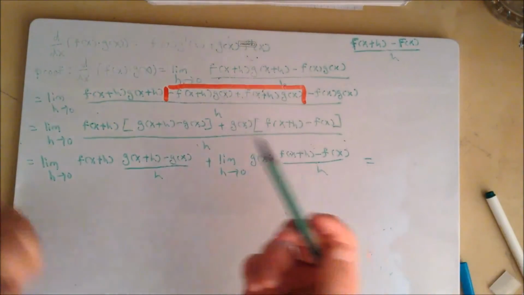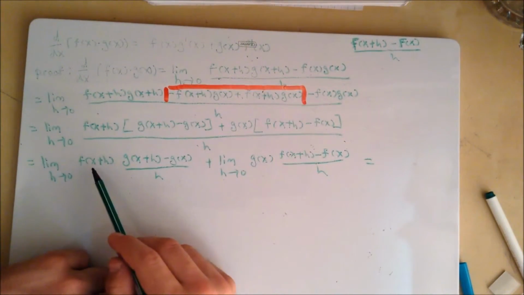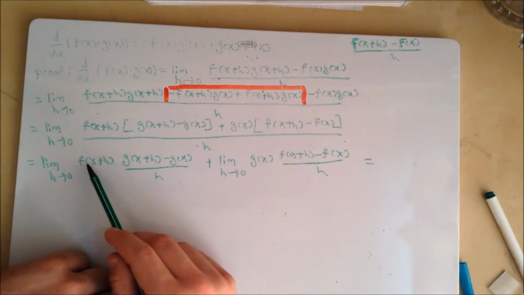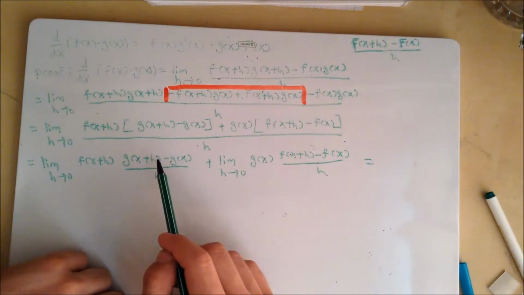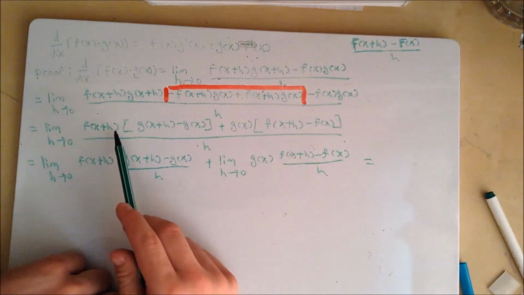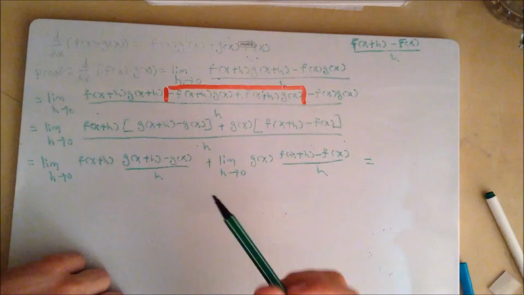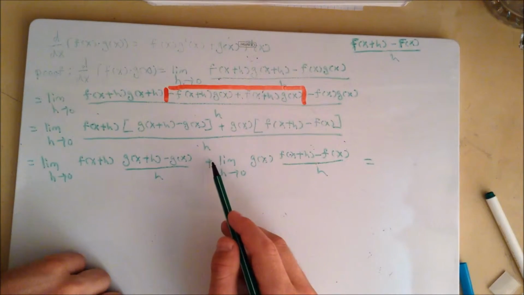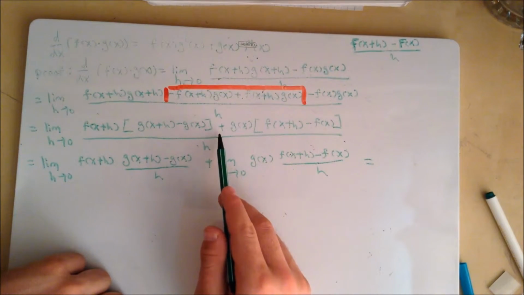So all I did here is I pulled this in front of it. All this is saying is that this is getting multiplied by the top, which is the same thing because this is over 1. So it's the same thing as it was above. And I'll just separate it into two limits because I have an addition sign and I can do that.